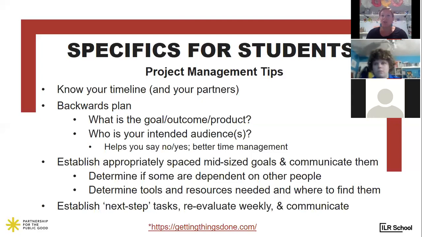But really understanding what time you have in order to accomplish the big goal that you're trying to accomplish. So you can say, yes, this actually aligns with what we're trying to accomplish, or no, this doesn't really align, and maybe I can sit on this Zoom call and listen passively while I do some research. So these are just some options you have when you're able to backwards plan.